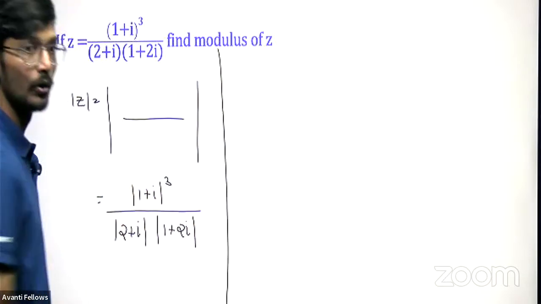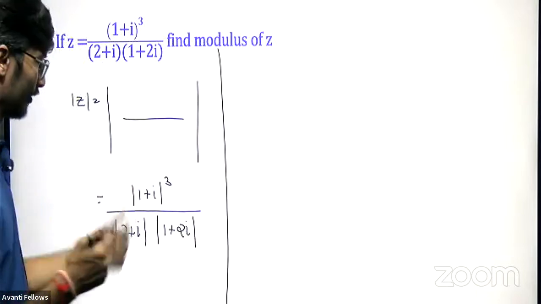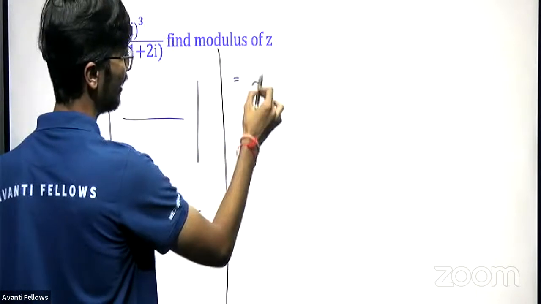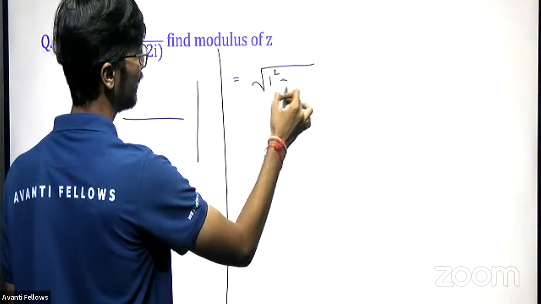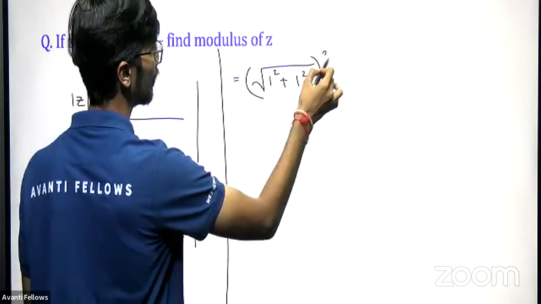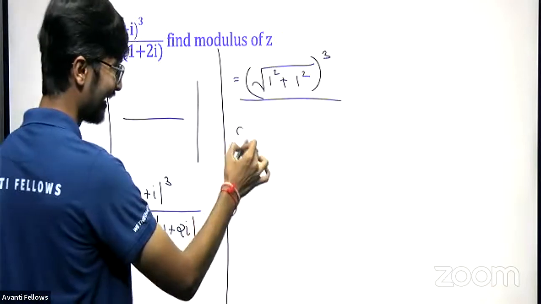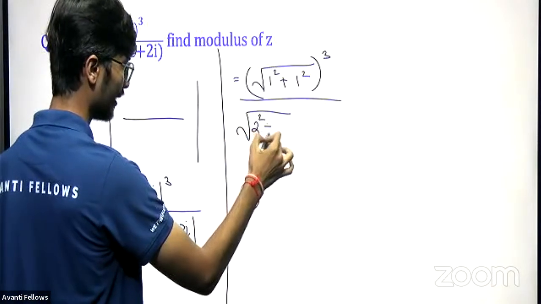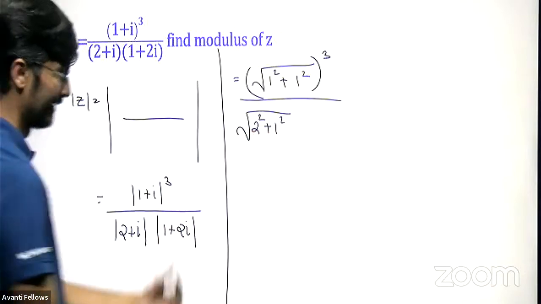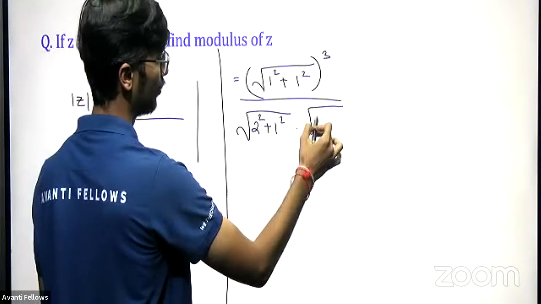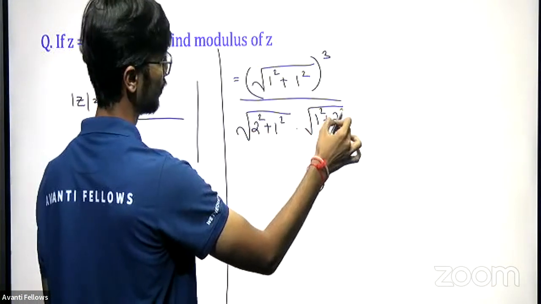And we all know the formula for modulus. It is under root of a square plus b square. So here, 1 square plus 1 square; here it will be under root of 2 square plus 1 square; and here, same, into under root of 1 square plus 2 square.